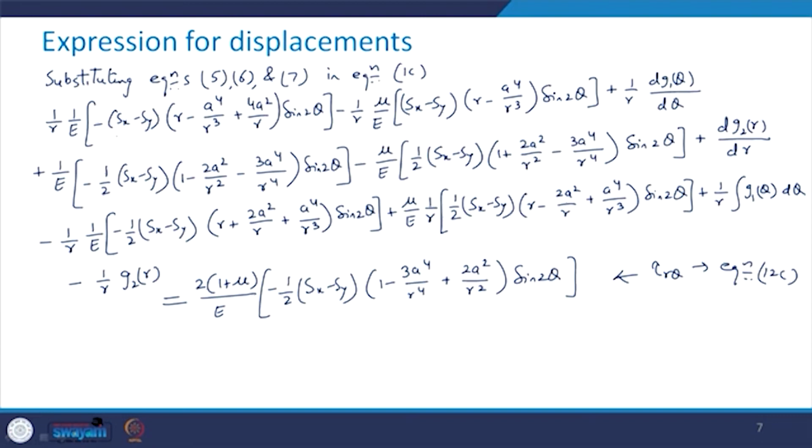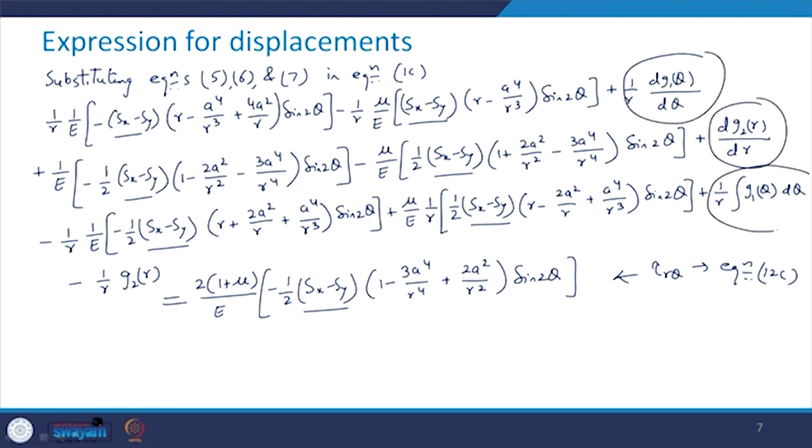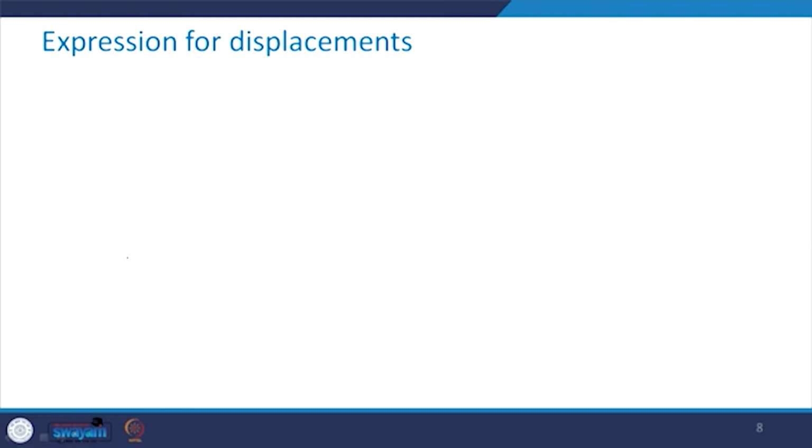See, all these terms have Sx minus Sy with them. So, these terms, this one and this one, have to be equal to 0 in a combined fashion.